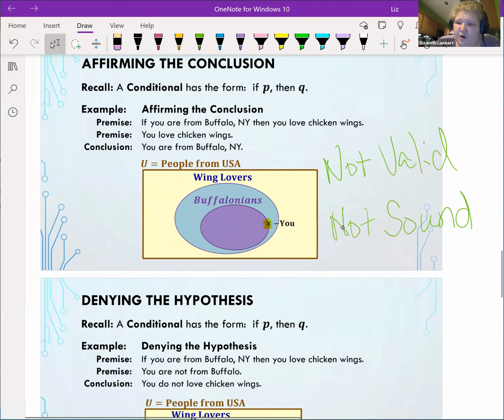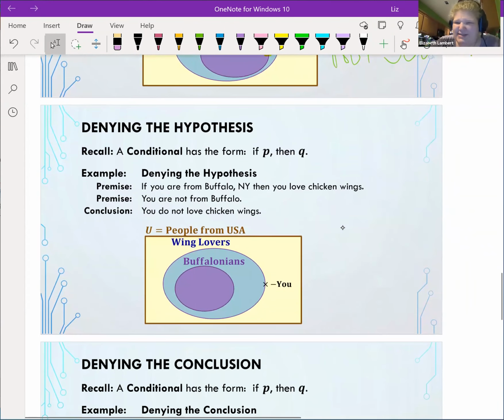Now, there is another argument structure called denying the hypothesis, and this one can seem a little weird at first if you're not used to the idea. Still the same premise: if you are from Buffalo, then you love chicken wings. So our same Venn diagram. But now we have a premise that you are not from Buffalo. So you are not in the purple circle any which way or form. You might still be a wing lover, or you might not. So you could be inside or outside the blue circle, but for certain you're not inside the purple circle.